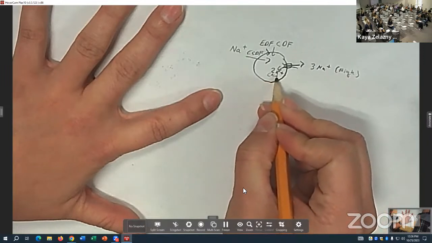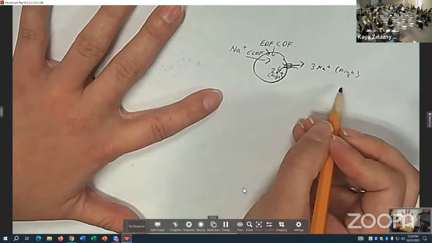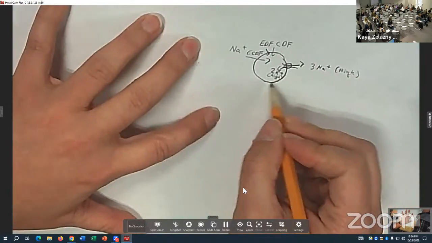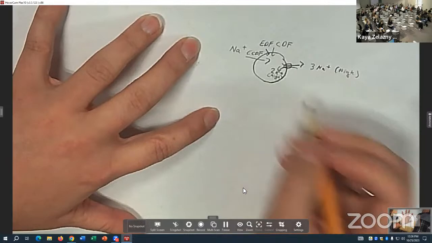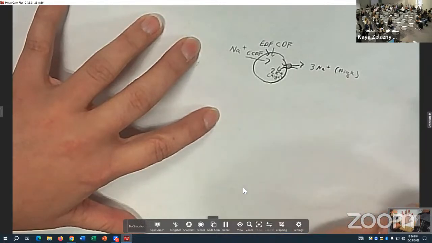These labels of high are labeling where we have high sodium, where we have high potassium. Opposite side of that cell membrane is where you would see the low side.